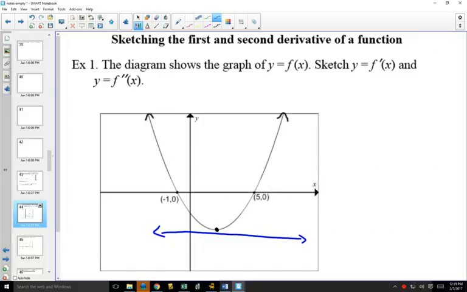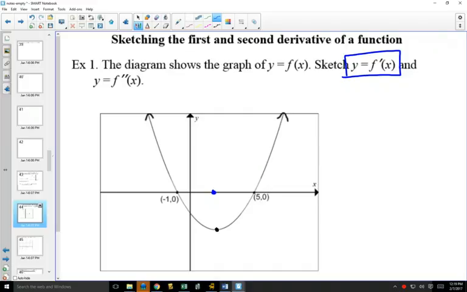And if it's perfectly horizontal, what is the slope of that? It's going to be 0. So we know that at this point, my derivative, so I'm going to color code things here, my derivative here is going to be 0.